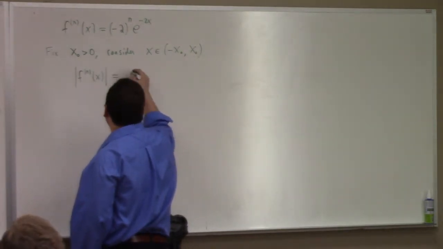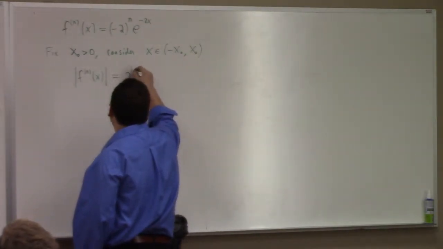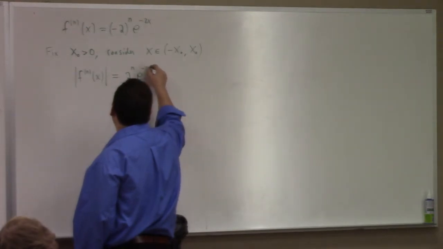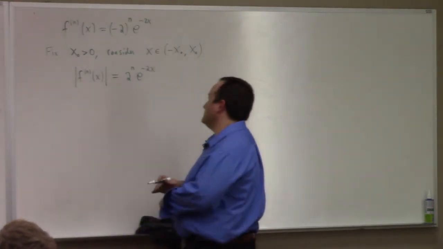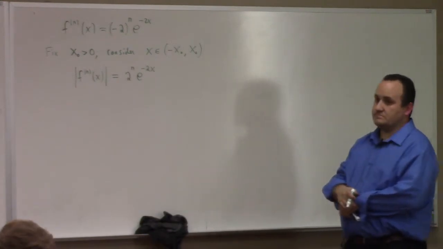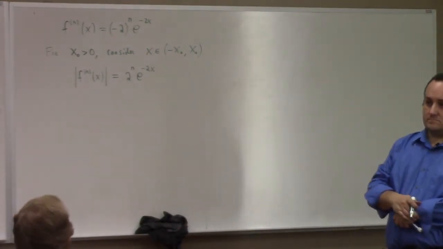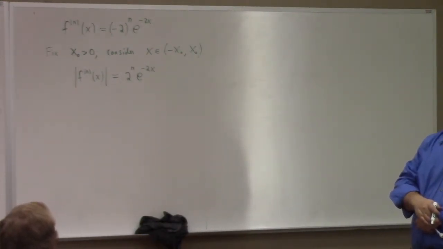So that's equal to 2 to the n, e to the minus 2x. Now it depends on whether n is even or odd.